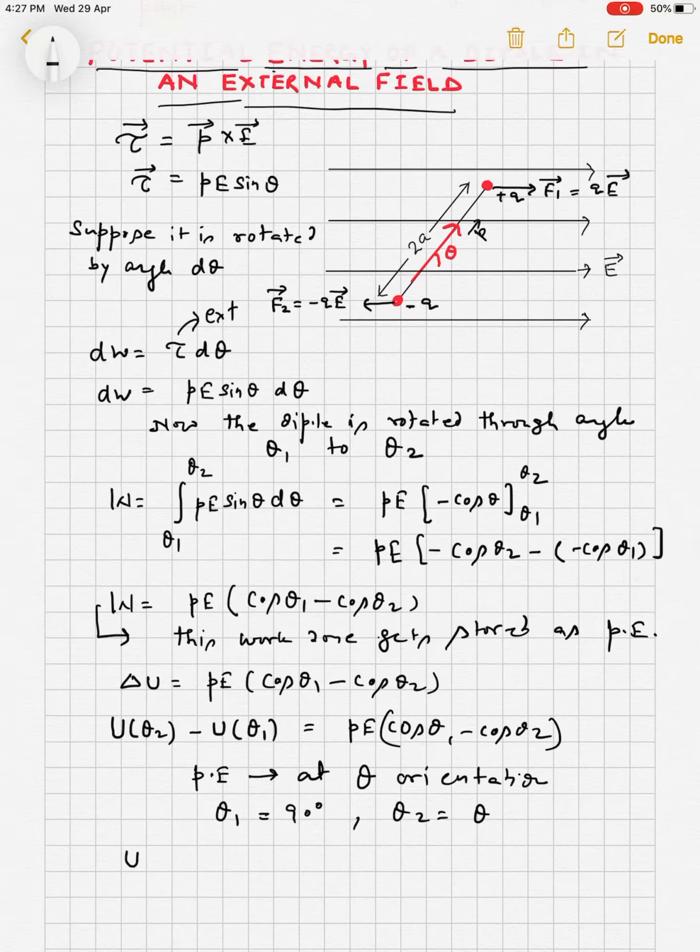So we have U theta minus U at theta 1, which is proportional to P cos theta 1.